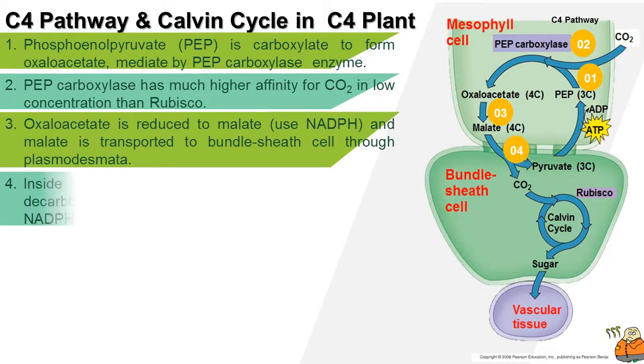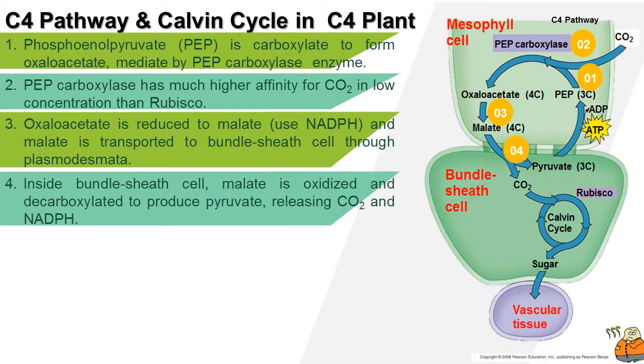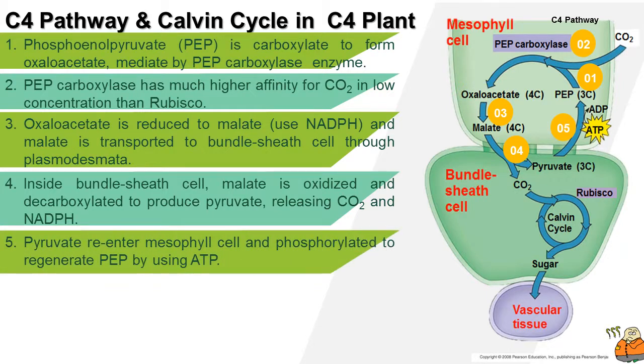Number 4, inside the bundle sheath cell, malate is oxidized and decarboxylated, removing carbon dioxide and producing pyruvate, which contains 3 carbon atoms, and also producing NADPH. Number 5, pyruvate enters back into the mesophyll cell and is phosphorylated to regenerate PEP using ATP.